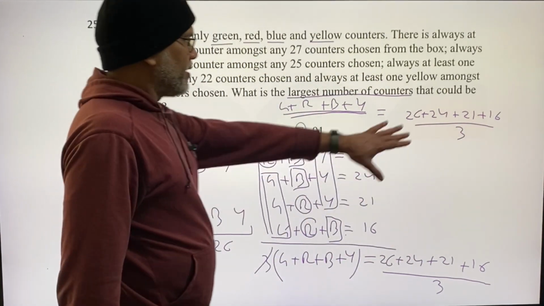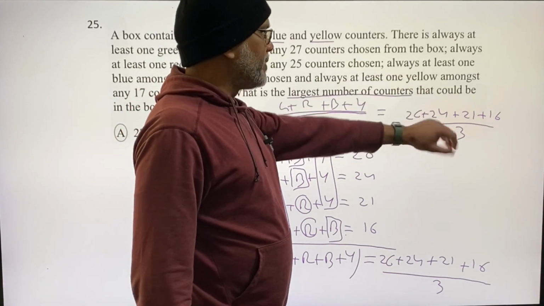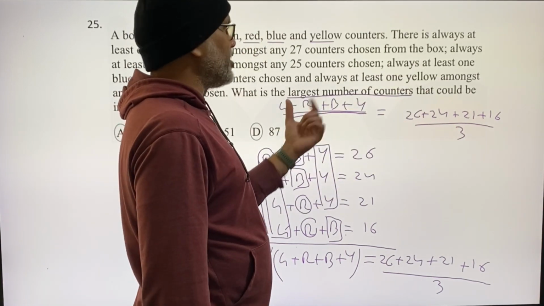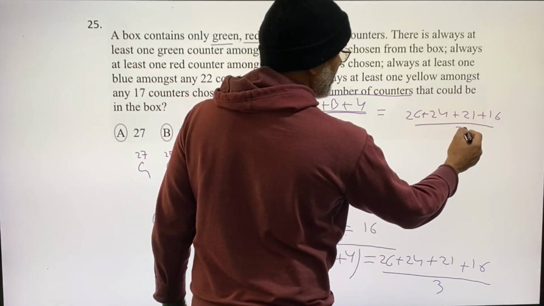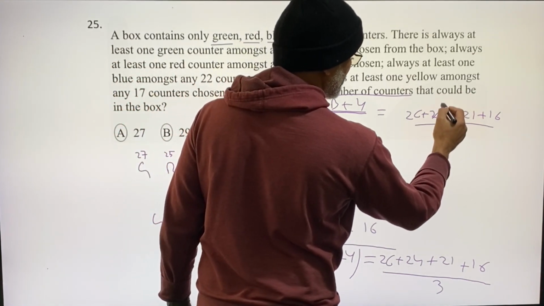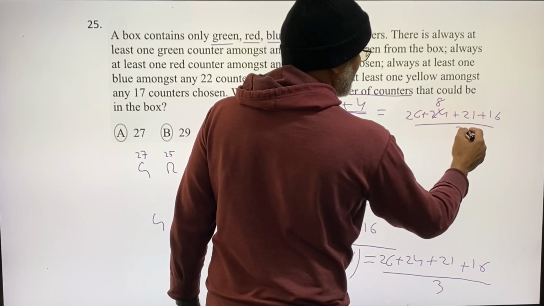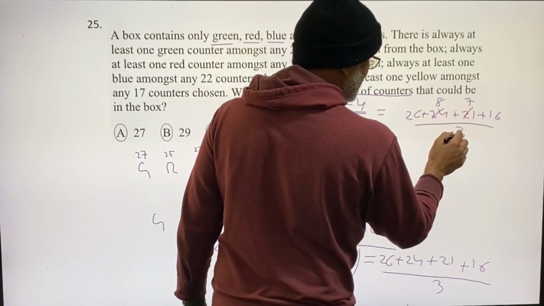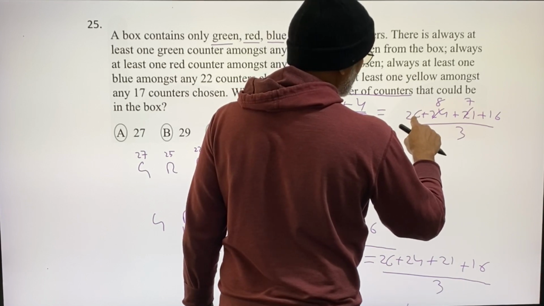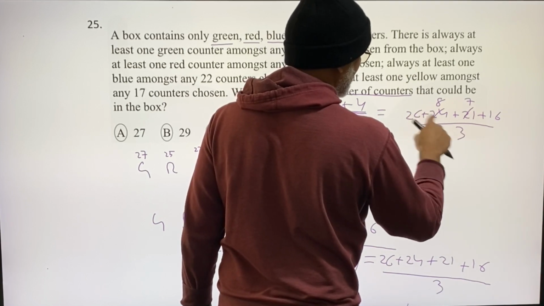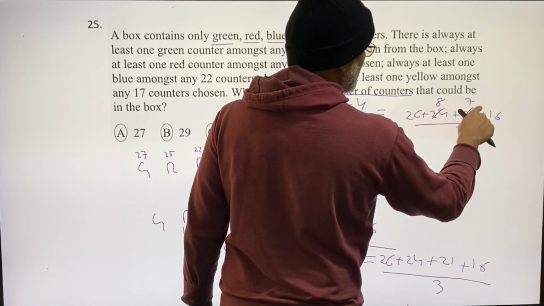And I know that this number will be divisible by 3, because I'll have an integer number of counters. So what I can do is first divide 24 by 3, so this will be 8. 21 divided by 3 will be 7. 26 is not individually divisible by 3, so I can add up 26 with 16.